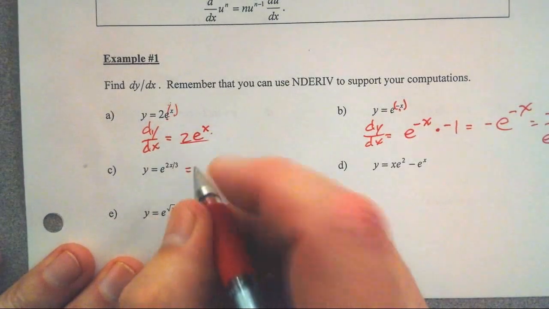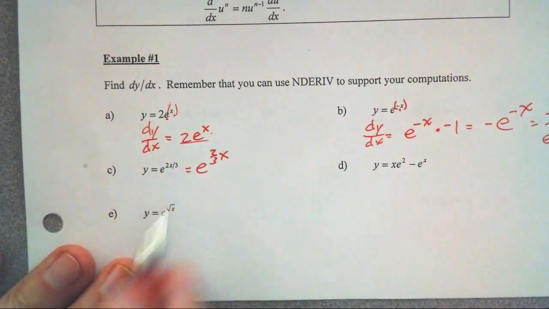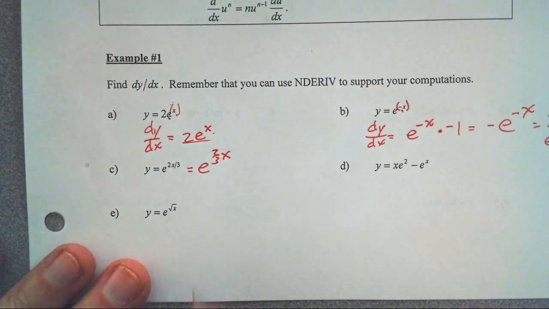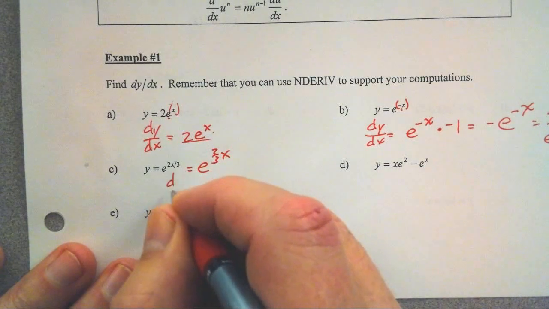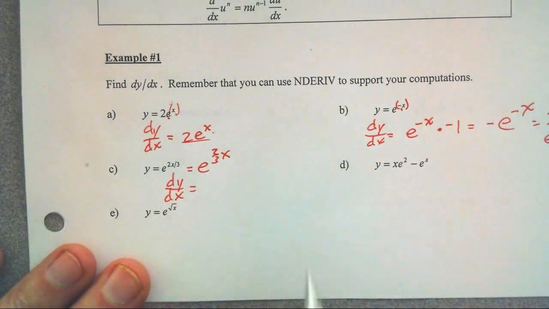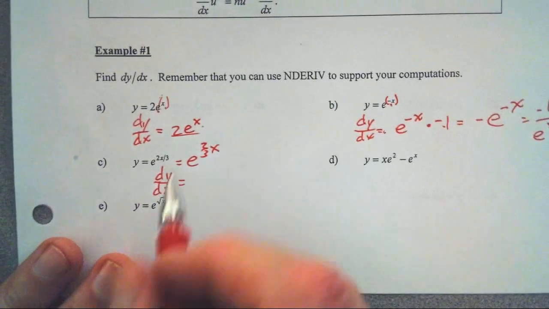Okay, I might think of this as e to the 2/3 x. Pretty similar to that, but clearly that's e to the 2/3 x. So our rule for that would be dy dx, e to the, and you might want to leave some room out in front of this. Had I left room out in front, I could have put the -1 in front here.